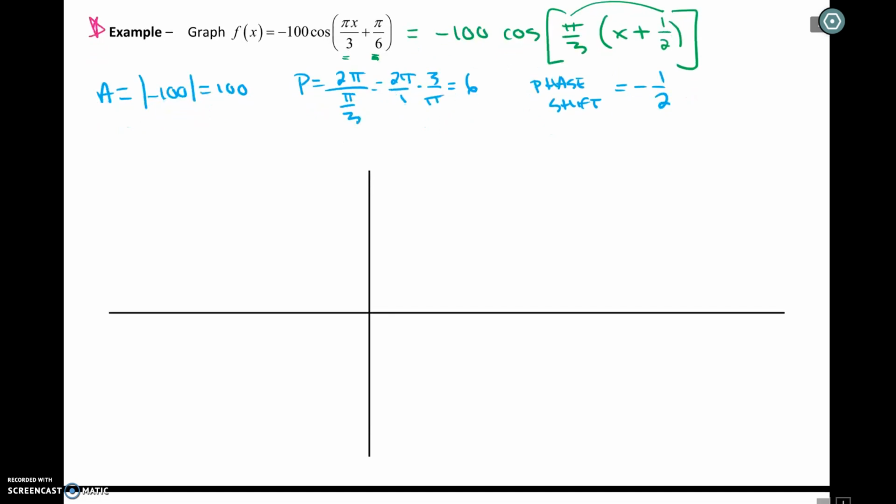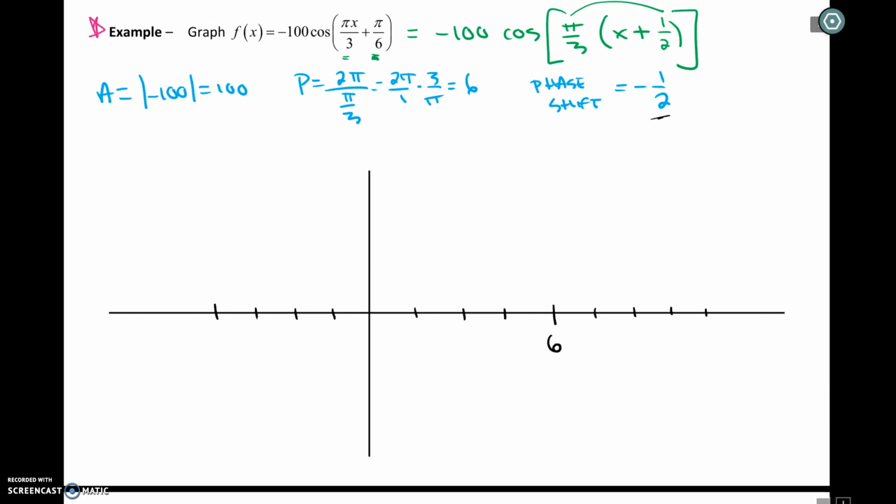So let's mark off a period. Period is 6 divided into 4. I'll do some extra tick marks on each side to graph a little bit more of the function. I'm going to graph 3 full periods this time. Now I do need to figure out this phase shift of negative 1/2. Therefore I need to figure out what the tick marks are.